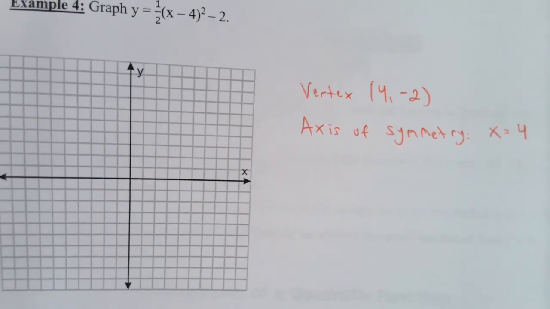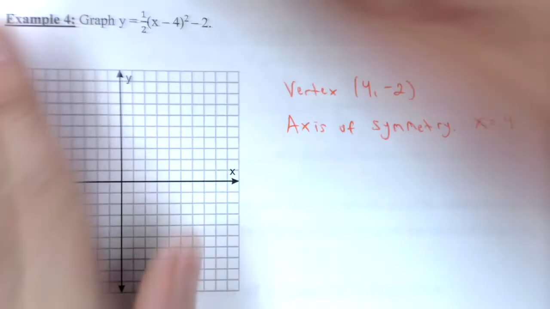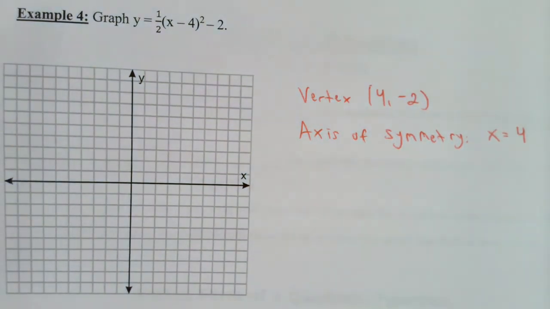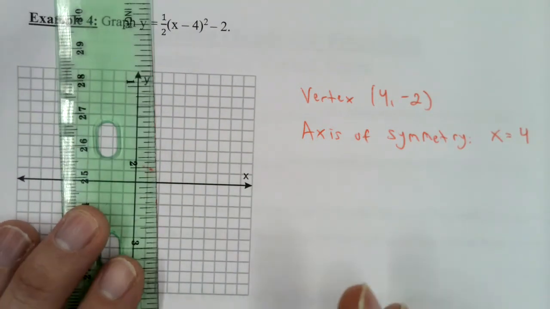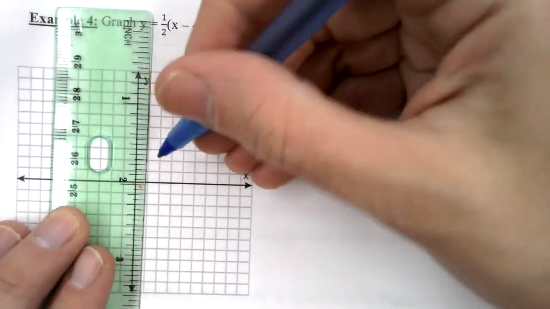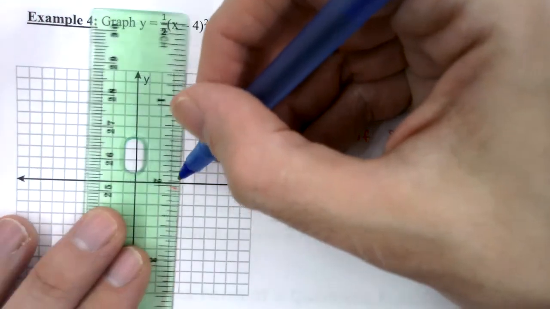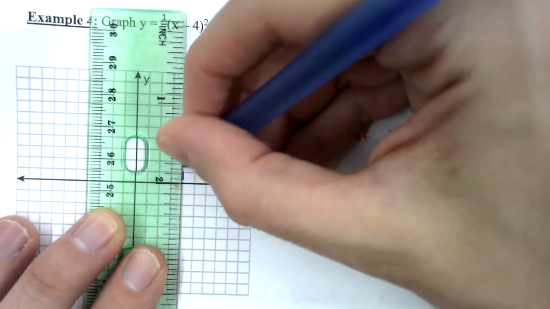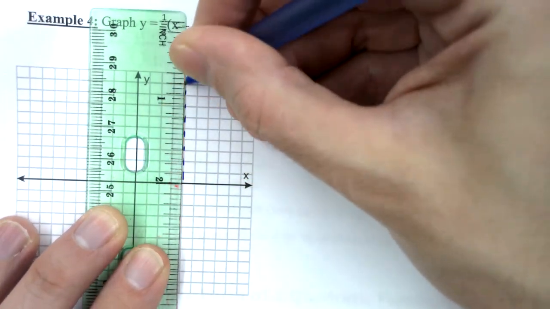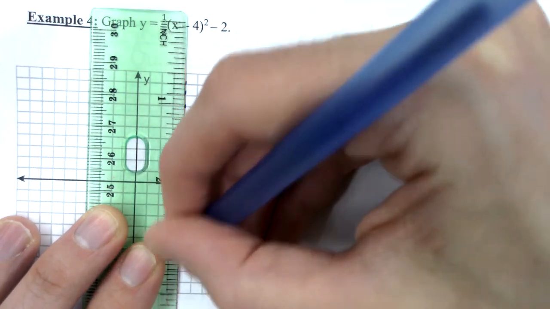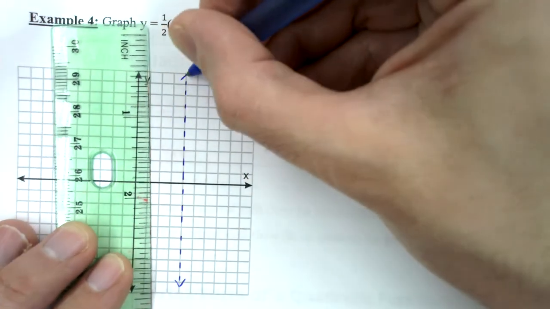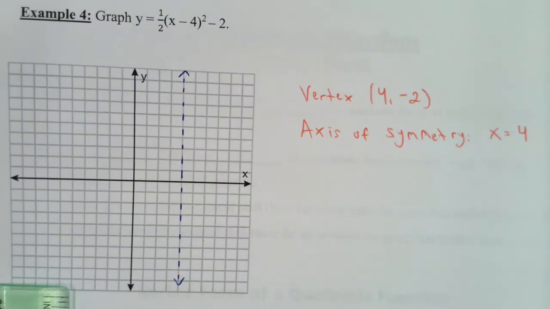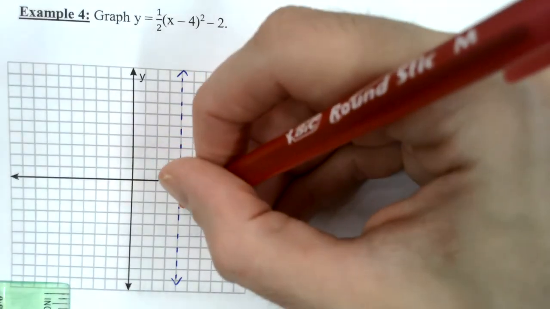Let's graph the axis of symmetry and the vertex now and get that over with. There we go. Axis of symmetry is x equals 4. Vertex is 4, negative 2.